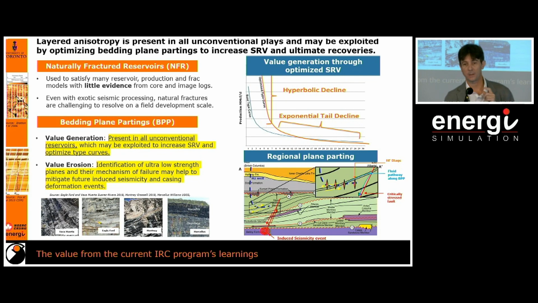But the other part, which is what we're going to talk about today, is that it can help to avoid value erosion of our fields. Value erosion is generally associated with seismic events that are associated with completion. And now I'm talking about oil and gas.